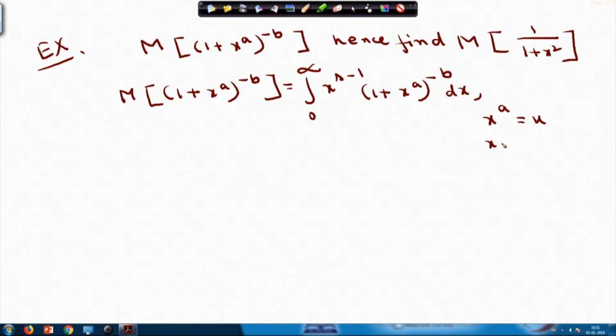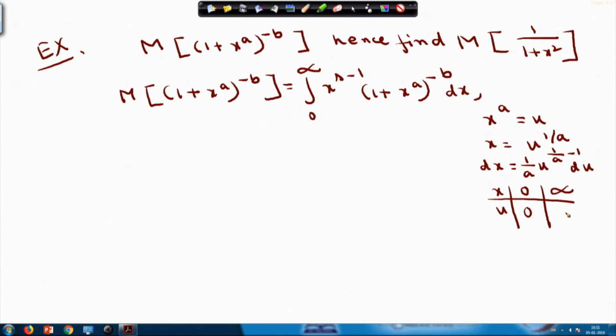So, x is u to the power 1 by a, and dx is equal to 1 by a u to the power 1 by a minus 1 into du. For x equal to 0, u will be 0, and for x equal to infinity, u also will become infinity. So the limits of the integration will remain the same, 0 to infinity.